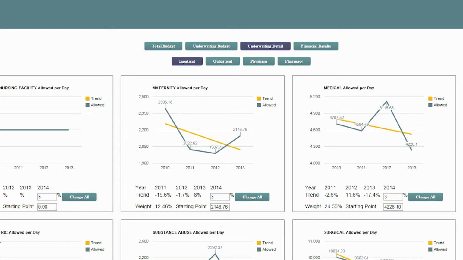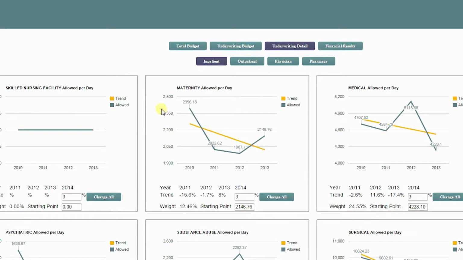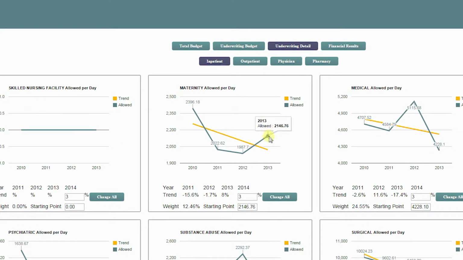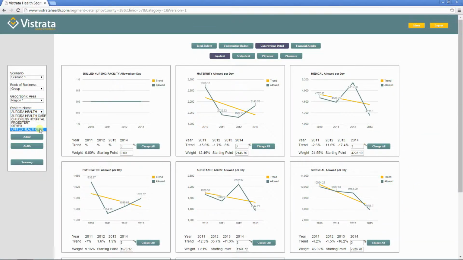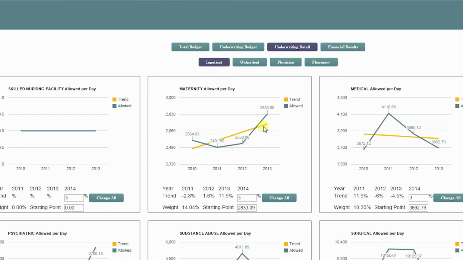This allows you to easily compare cost and utilization for similar expenses. For example, you can see that the cost of maternity is declining at Aurora, which is around $2,100 an admission. However, at the United Hospital System, their costs for maternity are increasing and are currently $2,800 per admission.